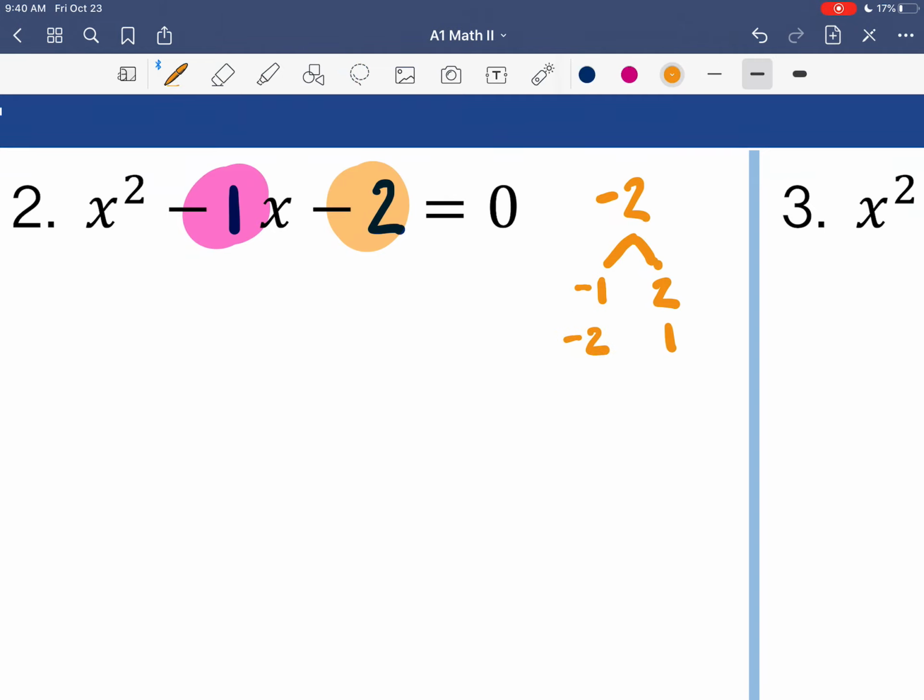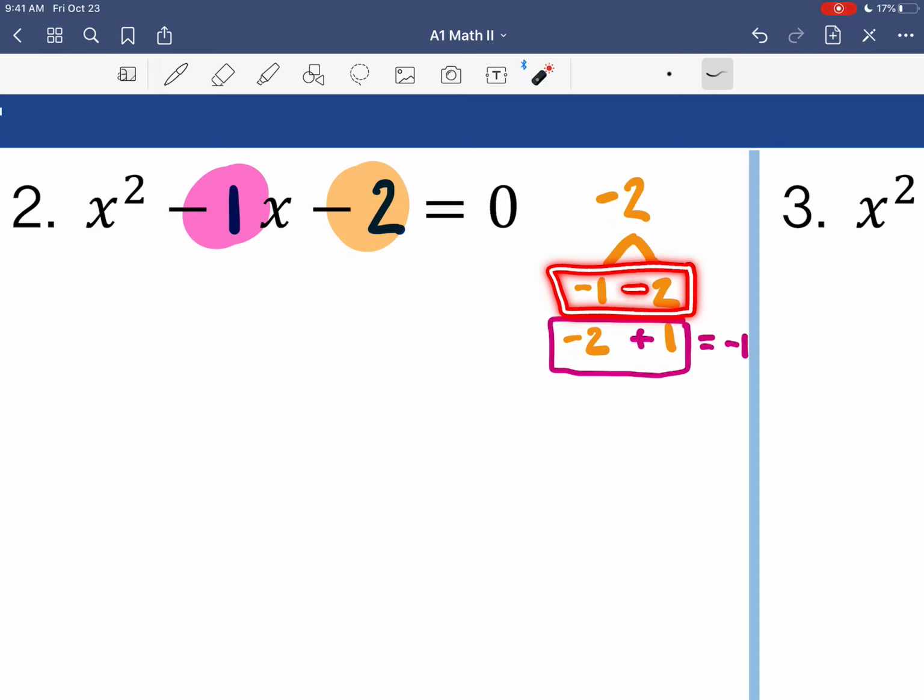You can either list them separately or just find the factor pair and then figure out where the negative needs to be. We want this to add to -1. So -2 plus 1 makes -1. Notice that in this one, 2 minus 1 makes +1, which is not what we want.